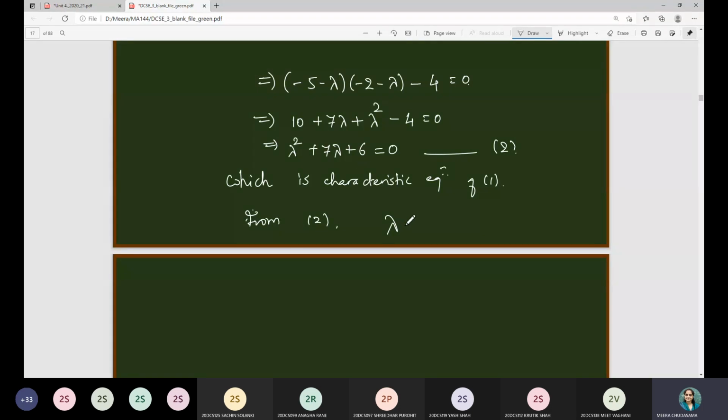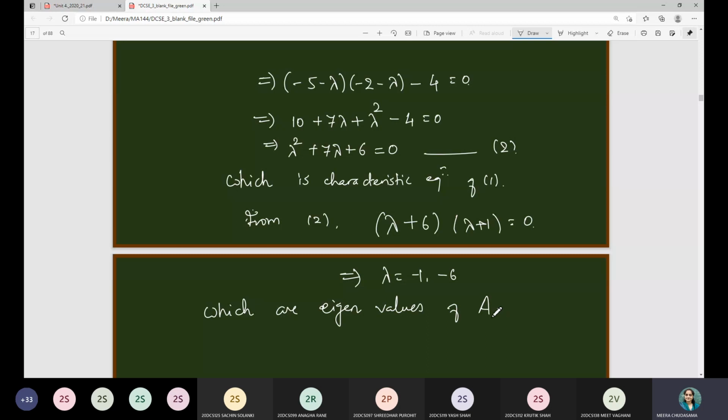This can be written as (lambda + 6)(lambda + 1) = 0, implies lambda can be -1, lambda can be -6 also. So these two roots of the characteristic equation are called the eigenvalues of A.